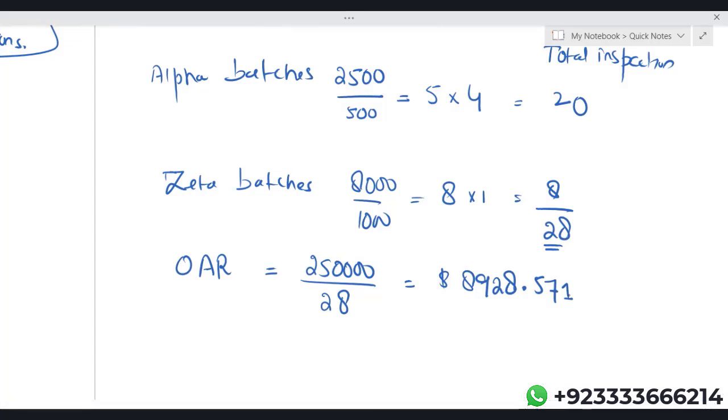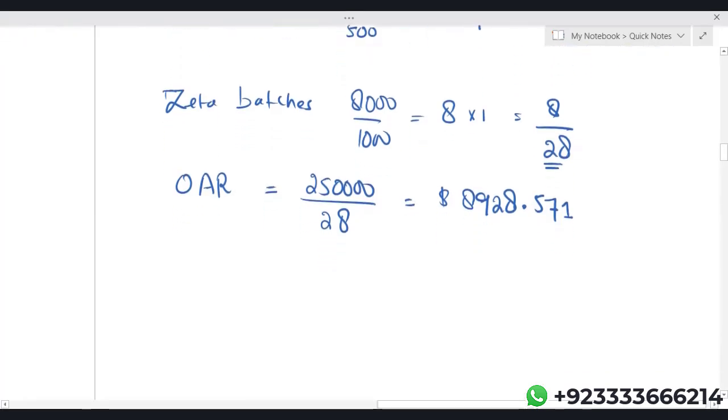So we have calculated the overhead absorption rate per inspection. Now, we need to calculate the inspection cost per unit for alpha. First we need to calculate how much inspection cost relates to alpha.